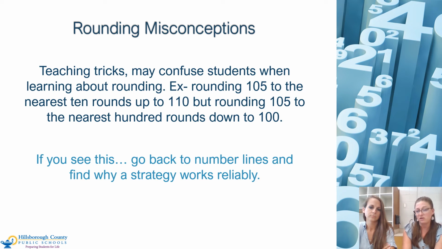For example, it might create a misconception like rounding 105 to the nearest 10 rounds up to 110, but rounding 105 to the nearest 100 rounds down to 100. So if you see a 5, that doesn't automatically mean you round up. If you see this, make sure you go back to number lines and find a strategy that works reliably so that students can understand why we round and how we round.